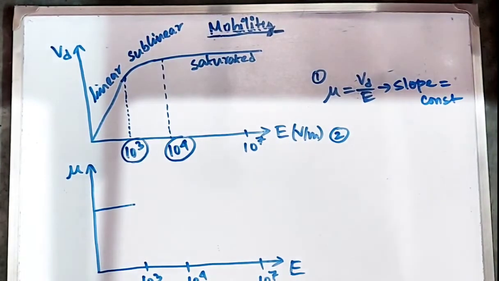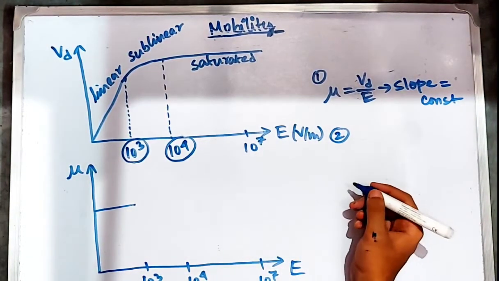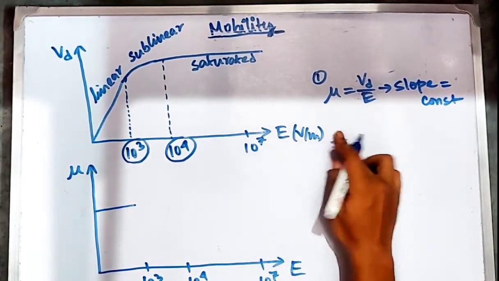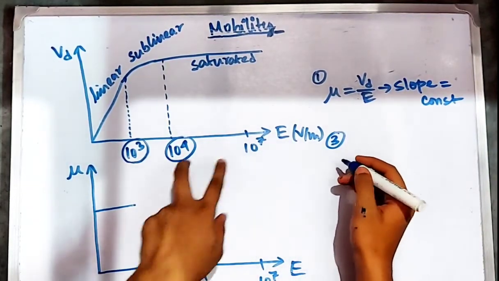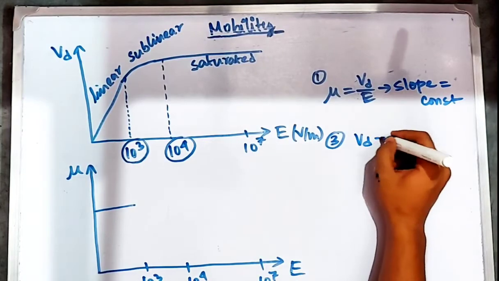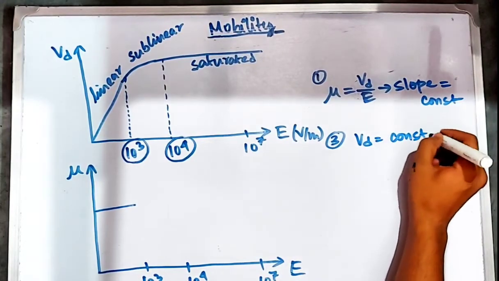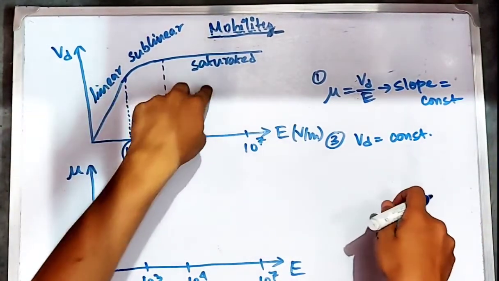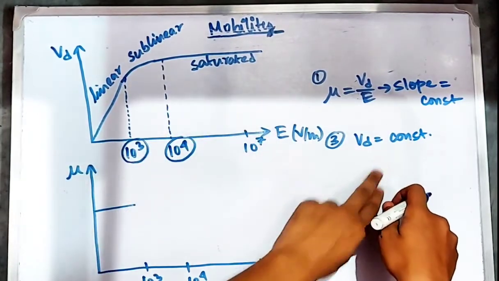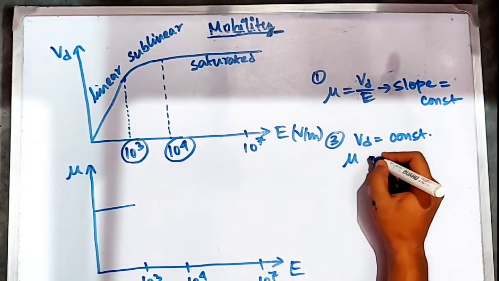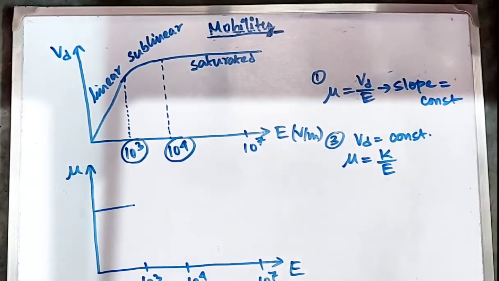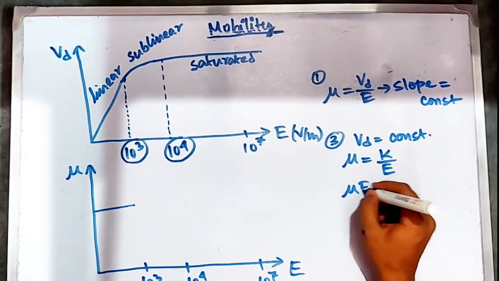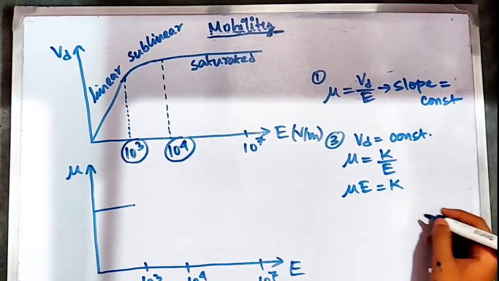In case of region 2, okay, at first I will talk about region 3, where the Vd is constant, because the drift velocity gets saturated. That means now mu is equal to some constant value divided by E. It means mu E is equal to constant.